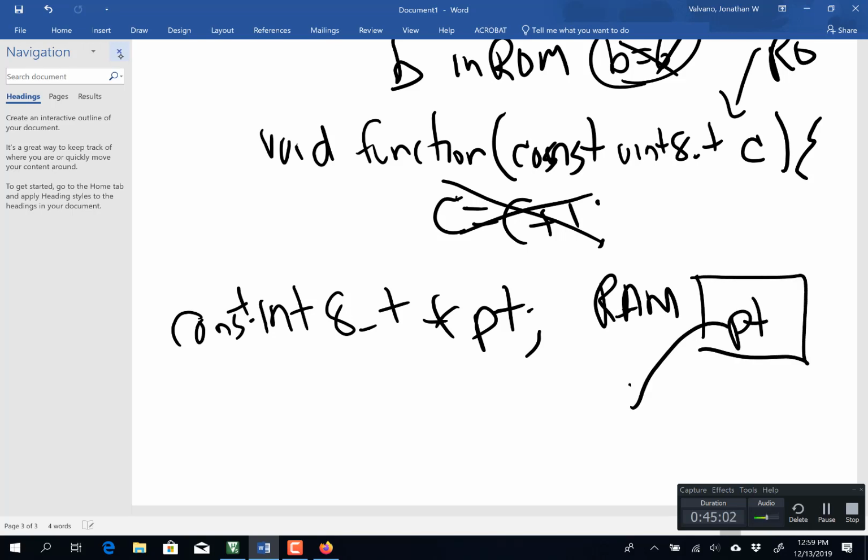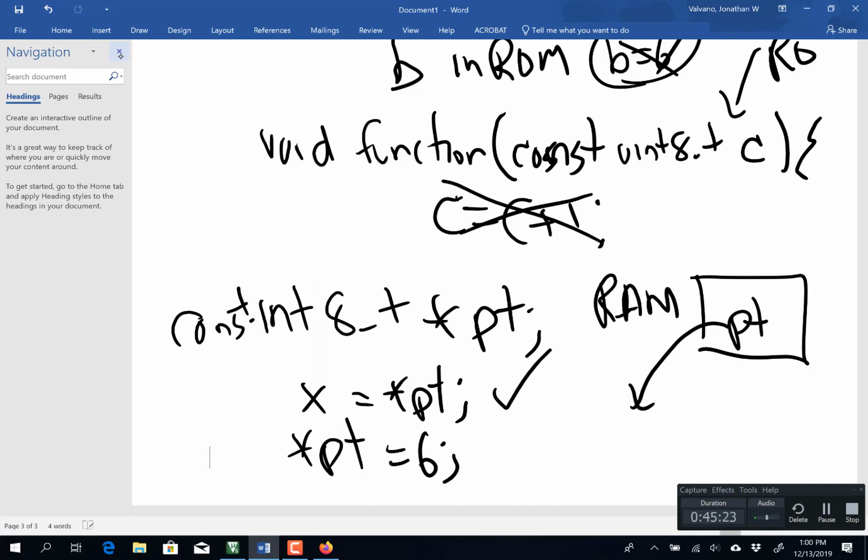The pointer is going to point to something that doesn't change. Okay? So if I do something like x equals star pt, I am dereferencing the pointer, reading its contents. This is allowed. But if I do star pt equals 6, I'm trying to write into ROM. This can't happen. Okay? Did I answer your question about const?